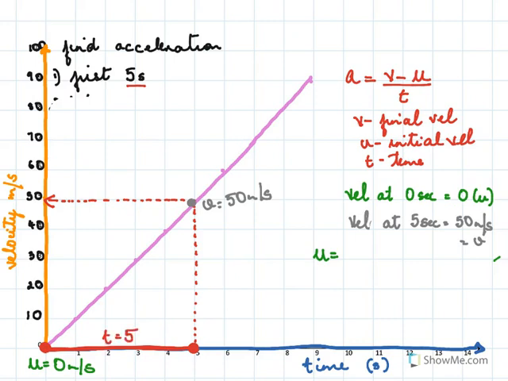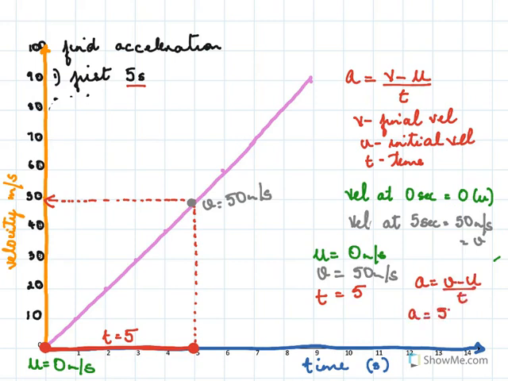So when you want to calculate your acceleration, you have to know your u, you have to know your v, and you need to know your t. From the graph we see that u is 0 meters per second, v is 50 meters per second, and the time is 5 seconds. So we got all our information. Let's put it in v minus u over t.